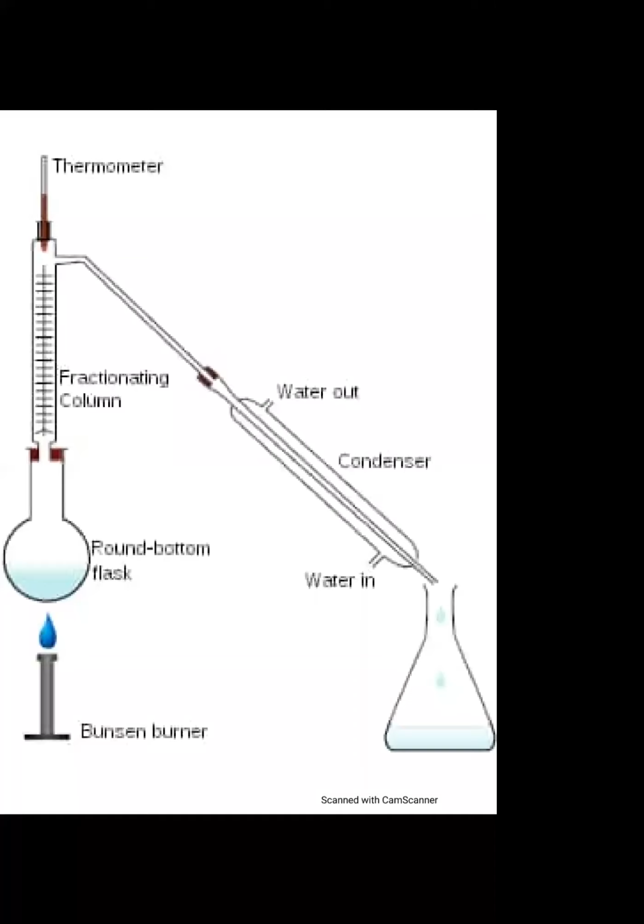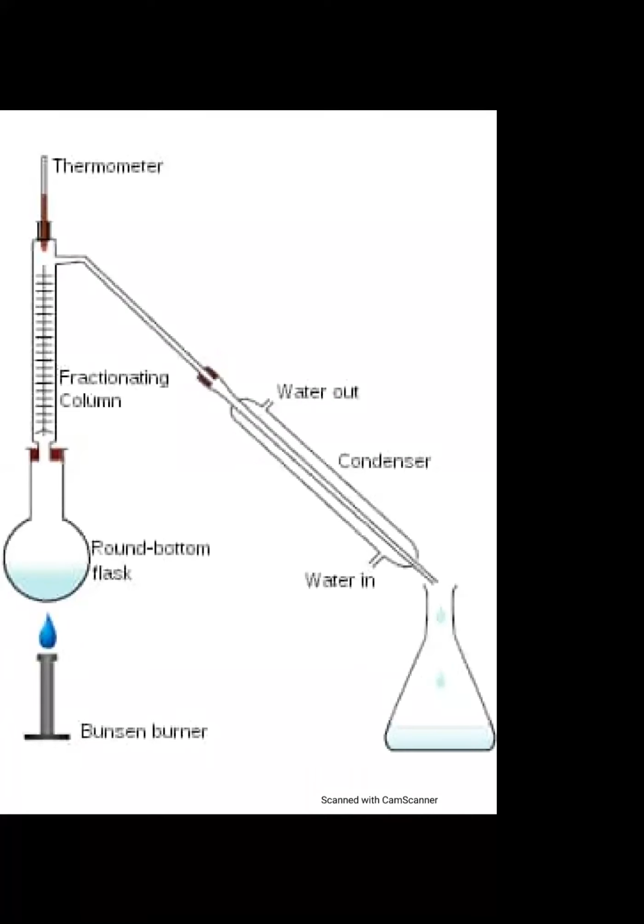Aditya: Sir, in the diagram you have shown the flame is blue. Is it necessary that we only use a concentrated flame? Yes, we have to use the oxidizing flame in this case, so that we will not get soot. Okay, sir.